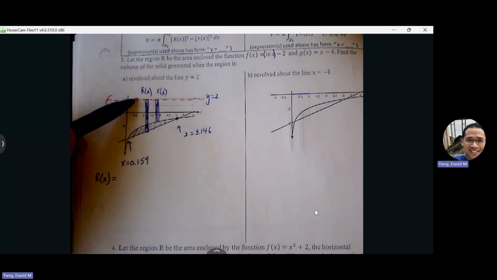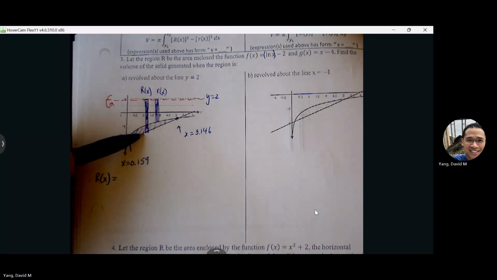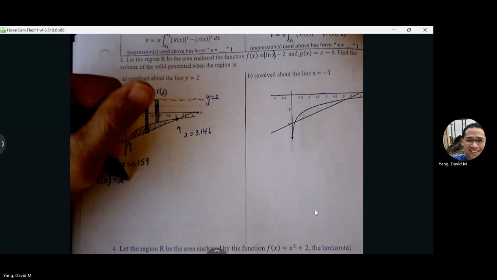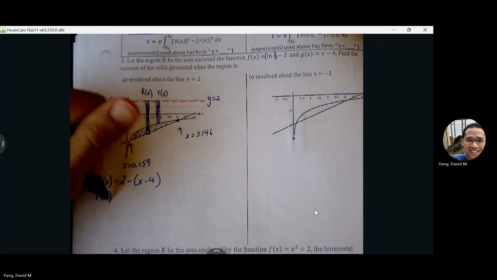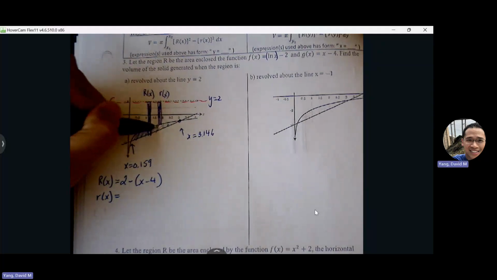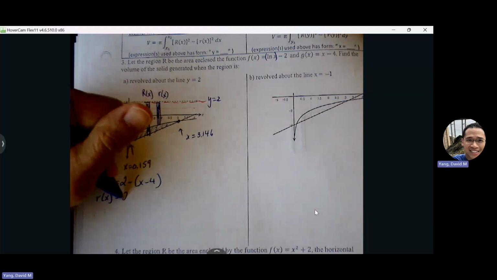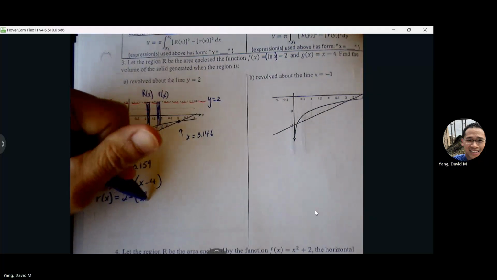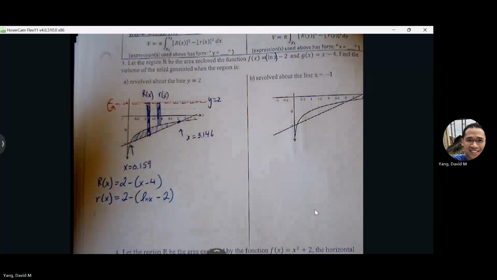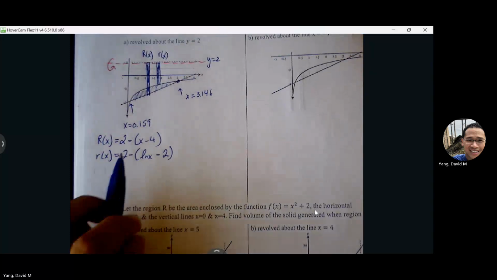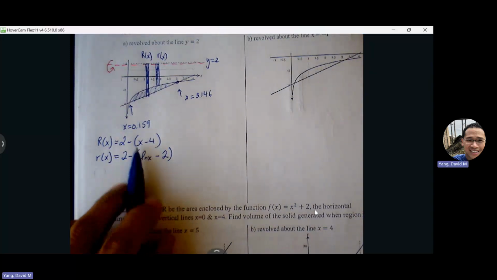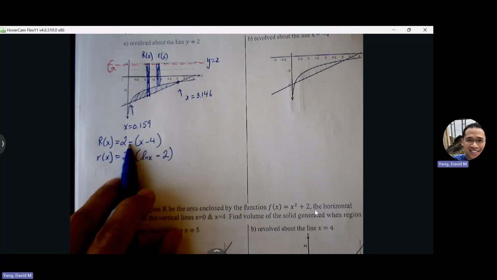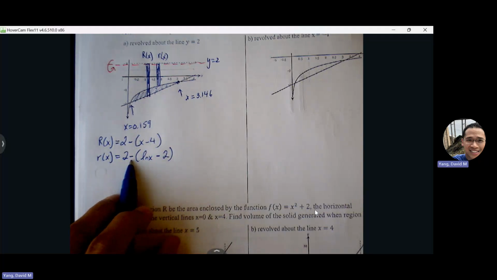Big radius is 2 minus parentheses x minus 4. Little radius, 2 minus parentheses natural log of x minus 2. It's always good to protect the lower function with a set of parentheses. Otherwise, we may forget to distribute the negative through.